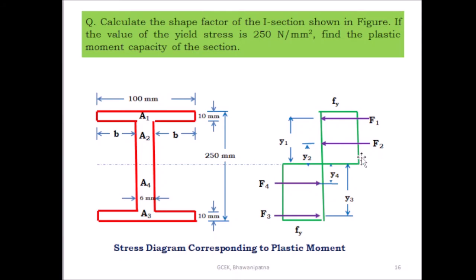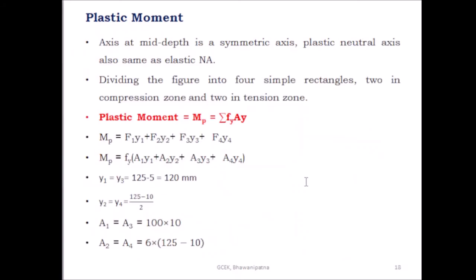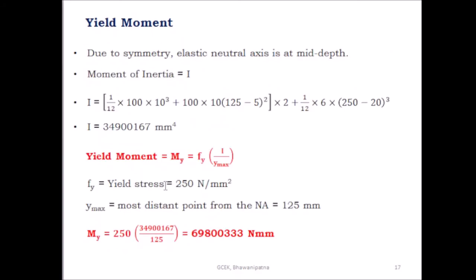So here you take total, the plastic moment is equal to F1 Y1 plus F2 Y2 plus F3 Y3 plus F4 Y4. Then F1 is equal to Fy into A1, F2 is equal to Fy into A2, F3 is equal to Fy into A3, F4 is equal to Fy into A4. But we know Y1 is equal to Y3 is equal to 125 minus 5.